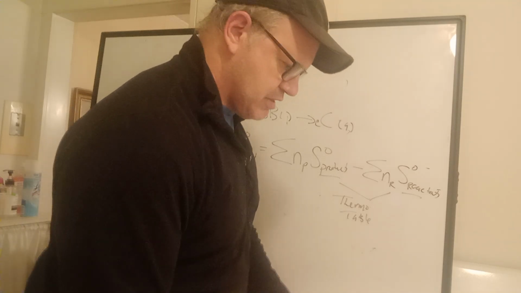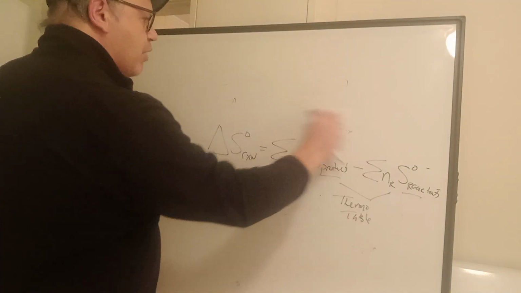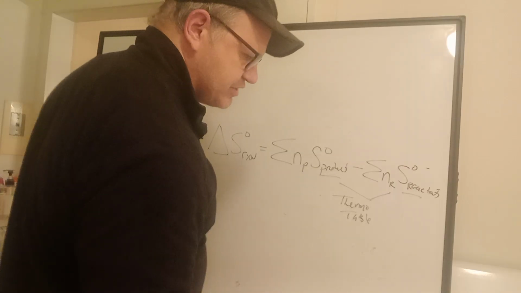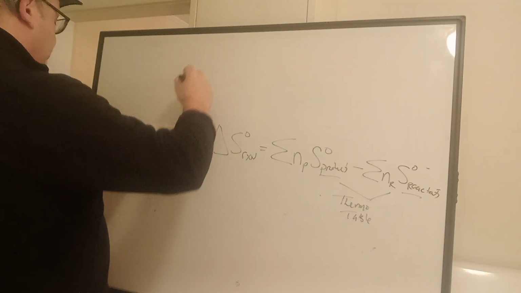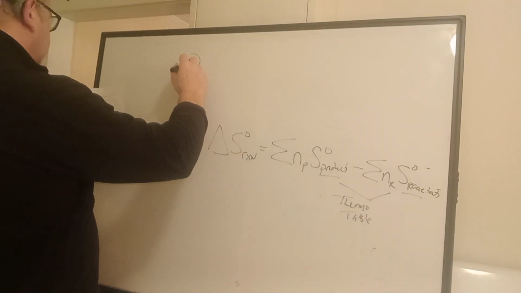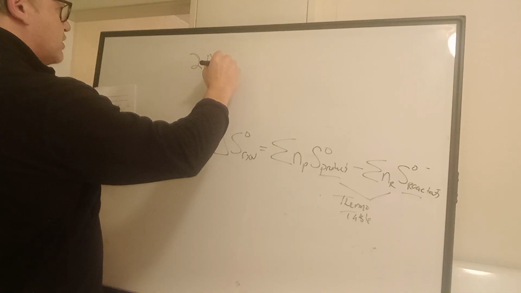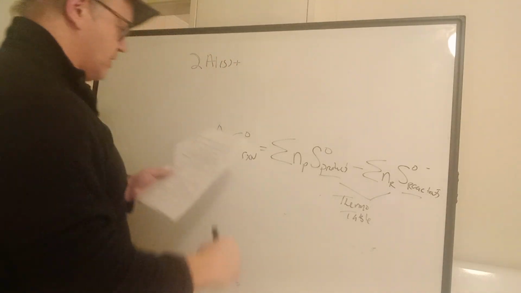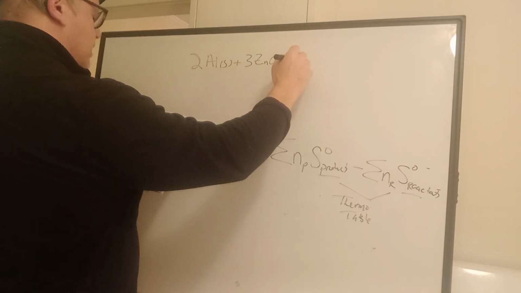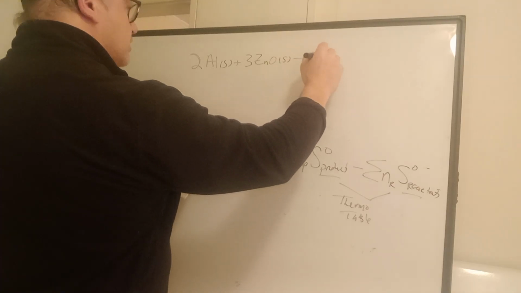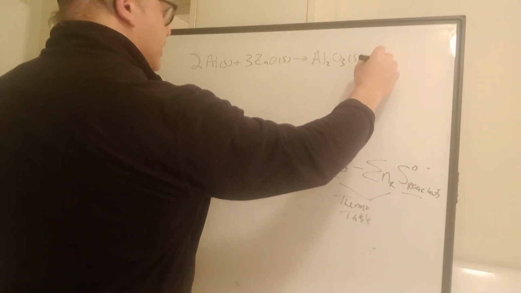So let's just go do an example. I'll work one of the ones in the note sets. And again, these numbers are not coming out of the blue. You just look them up on the table. For a solid state reaction, let's just pick that: 2 aluminum solid and 3 zinc oxide solid goes to alumina, Al2O3 solid, and 3 solid zinc.